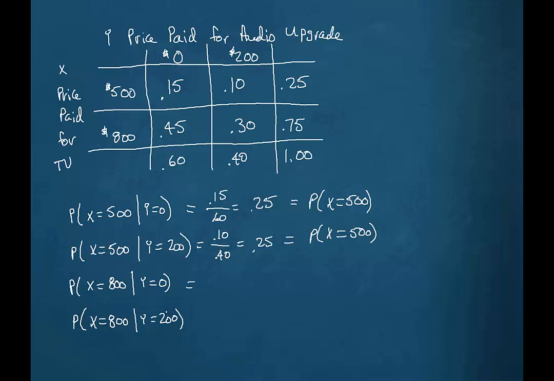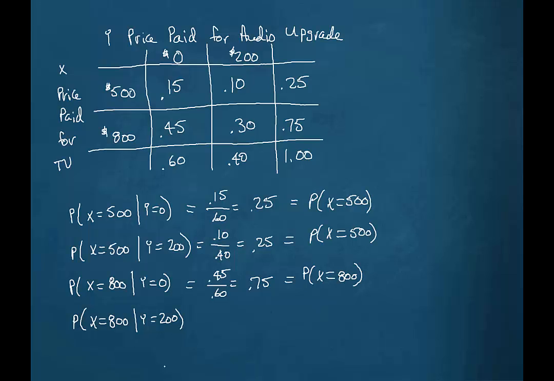The probability that x is 800 given y is 0, again we're looking at the first column, and we would have 0.45 divided by 0.60, which would reduce to 0.75, which is equal to the probability that x is 800.